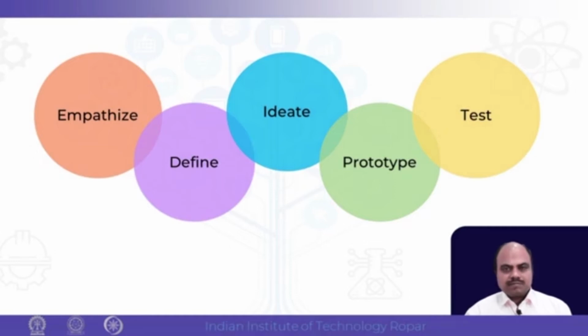Once we empathize, next one is define. We define what the problem is, after understanding that exactly this is the problem. There could be some limitation to the problem, there could be some constraint to the problem. All these things we need to understand in the stage of defining.